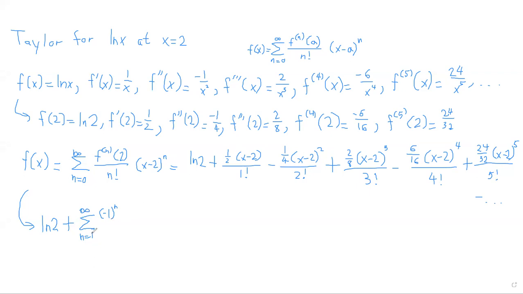Actually, you know what, this is n equals 0. I overlooked something. So n equals 0, so negative 1 to the power of n. Then this is a positive value. And then these are factorials, so something over n factorial.